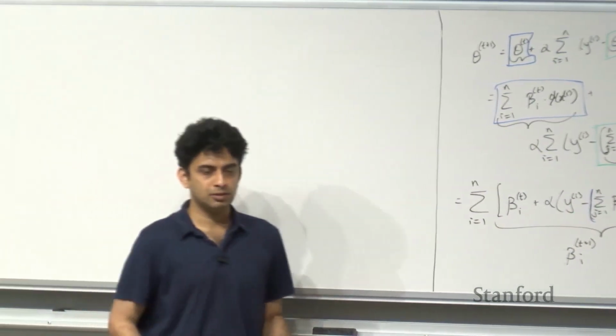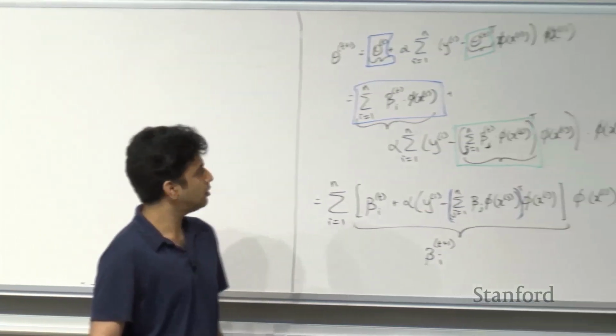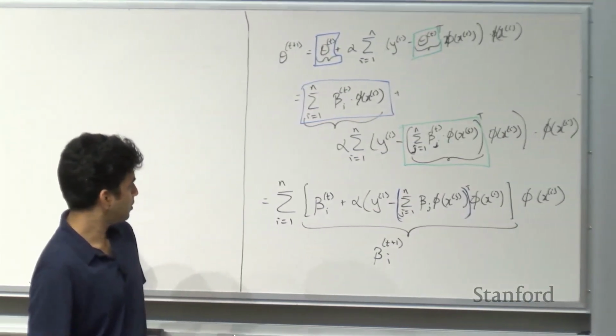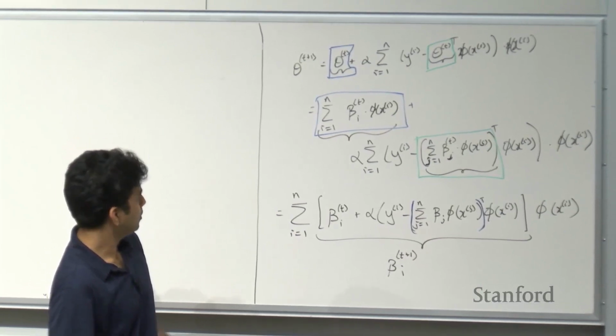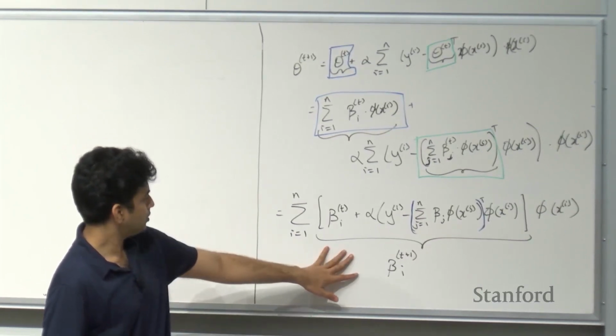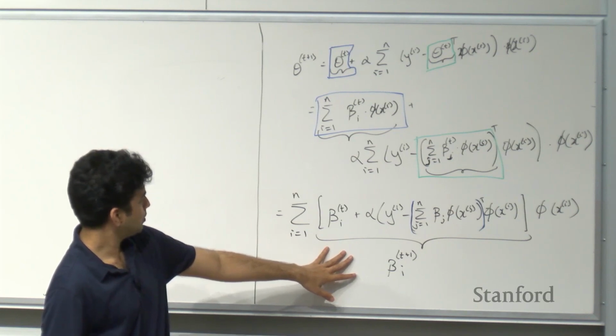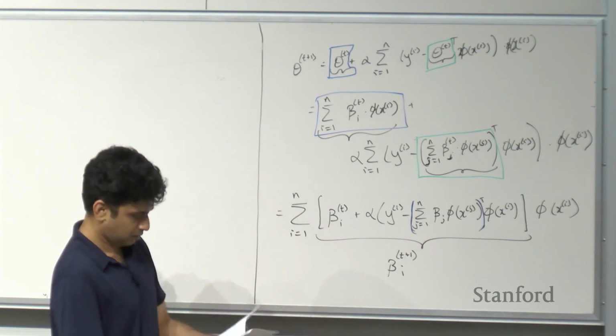Question: why isn't the summation over n included in the update? Summation over n is included, over all the examples.